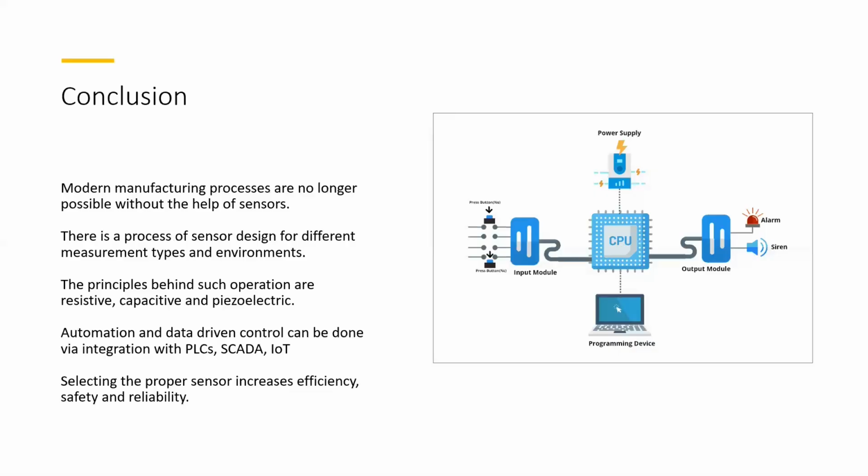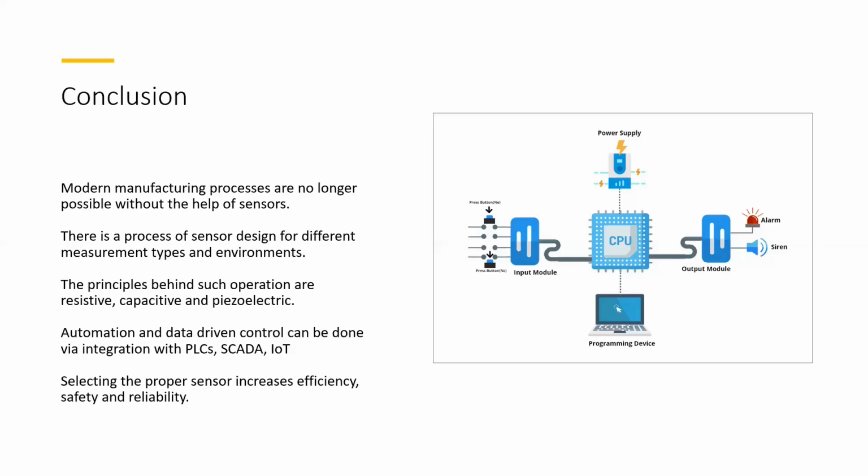Then in conclusion, I will say that modern manufacturing processes are really not possible without the help of sensors. It is practically not possible. This is clear and accepted. All industries need sensors in all sectors, whether different kinds of sensors.